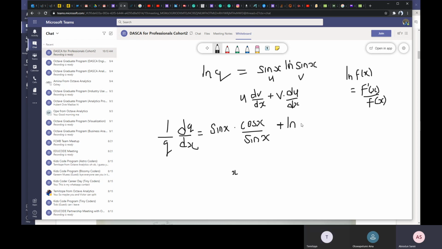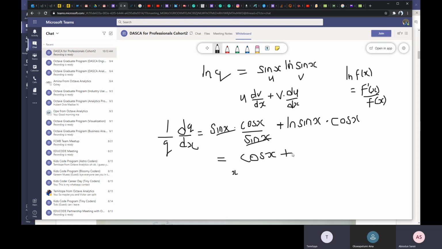Ln sin x. So I'm following this formula: ln sin x times du/dx. That is differentiating u. If you differentiate sin x, what do you have? Cos x. Here sin cancels sin, and I have cos x.